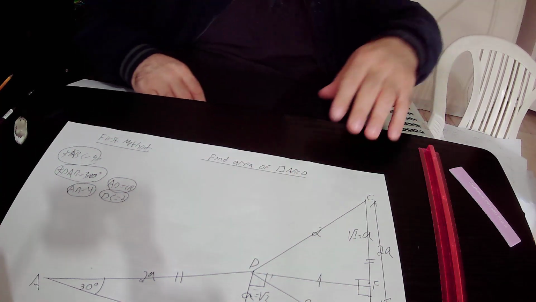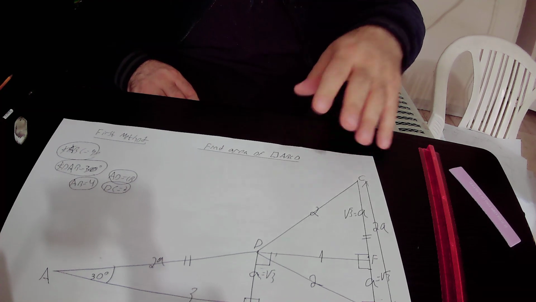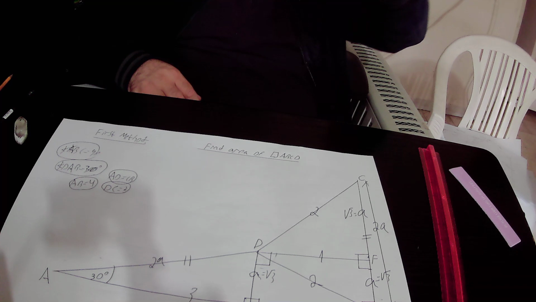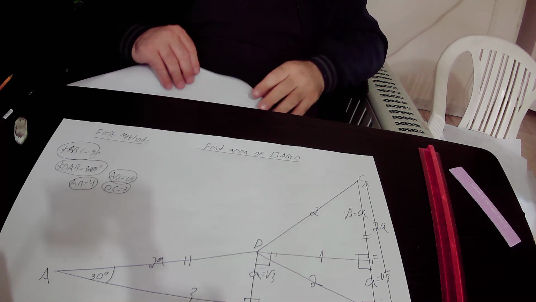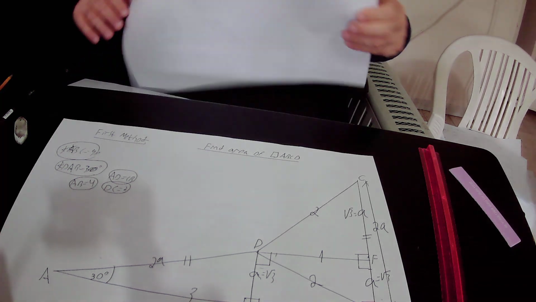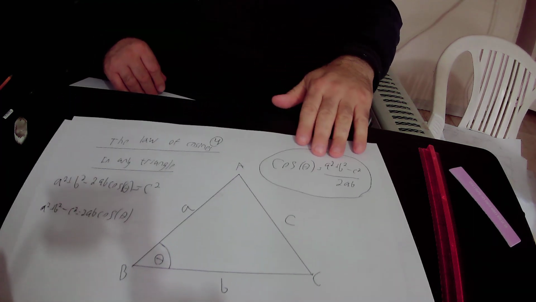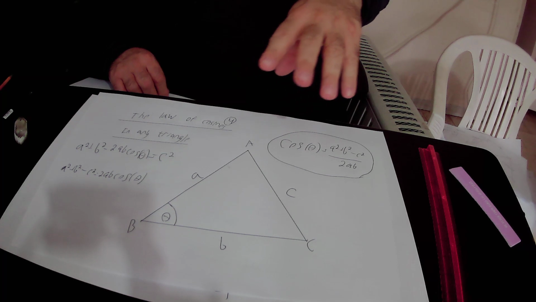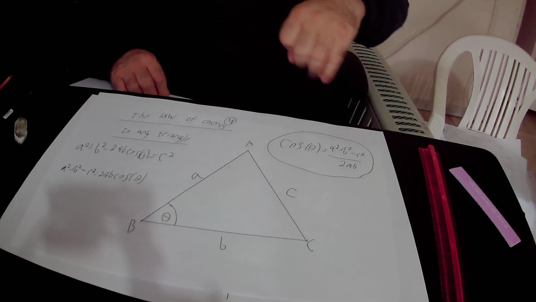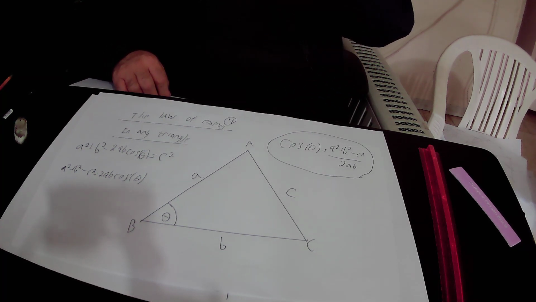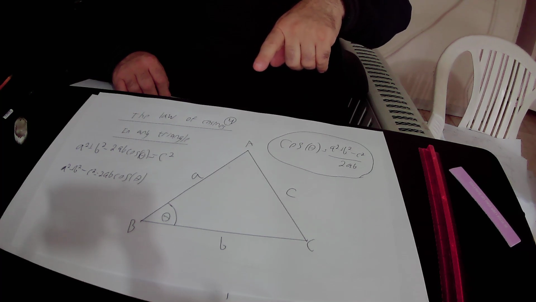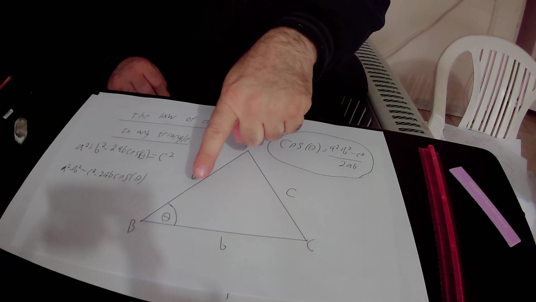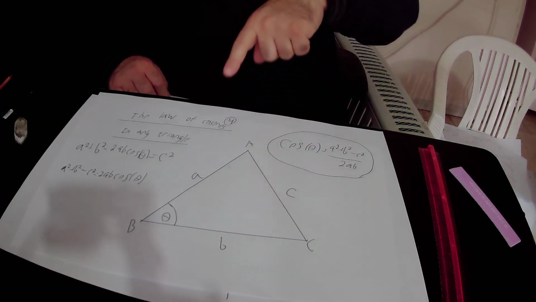Then we implemented the law of cosines in our triangle DAB. Actually, first of all, I presented to you the law of cosines, which is true in any triangle. In triangle ABC, which could be any triangle, A squared plus B squared minus 2 times AB cosine theta equals C squared.